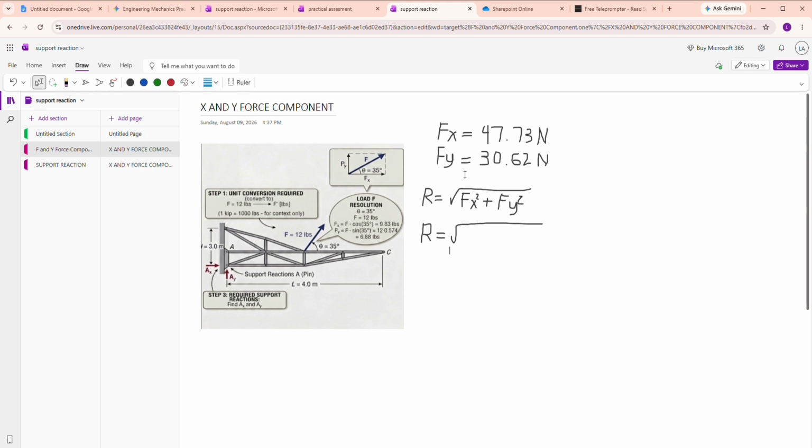Then we substitute the value of Fx, 47.73, and Fy equals 30.62. Now, the square of 47.73 is 2278.13.